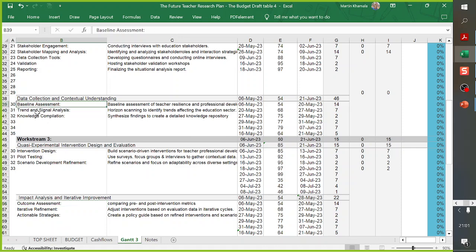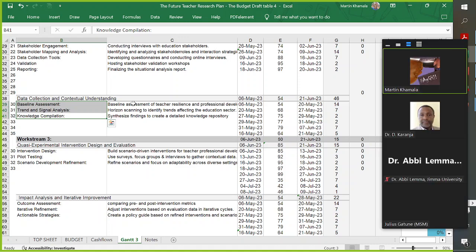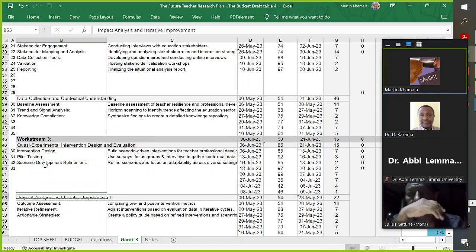In fact, in the previous stage, we do some baseline assessment, some trend and signal analysis, and also what's called knowledge compilation, so that we can now form hypotheses and design an experimental intervention which will take us to the field to run more quantitative tests, which will give us more quantitative information. That's what we'll be doing in Stream 3.